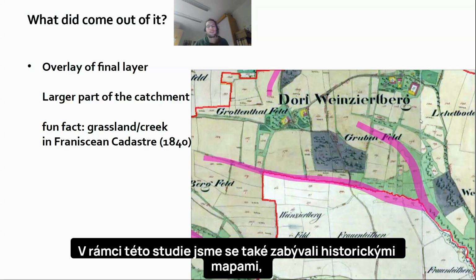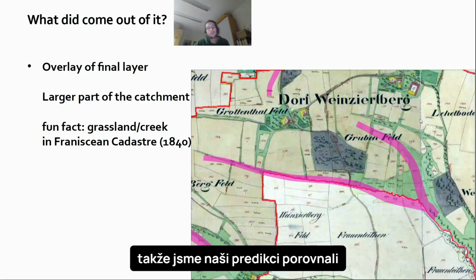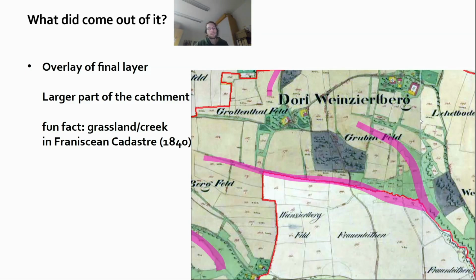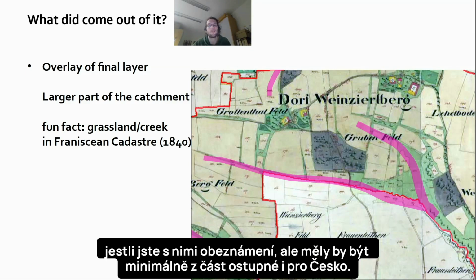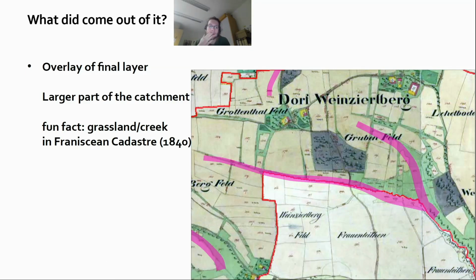We also had a look at historical maps in the course of this study. So we compared our prediction to topographical maps from the 19th century. I don't know if you're familiar with these. They should be available for Czechia partially as well.